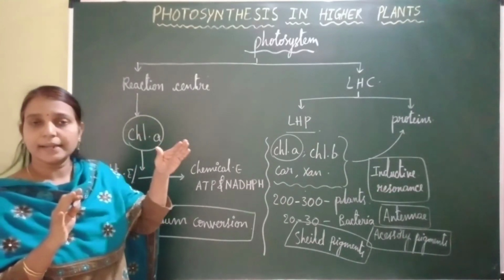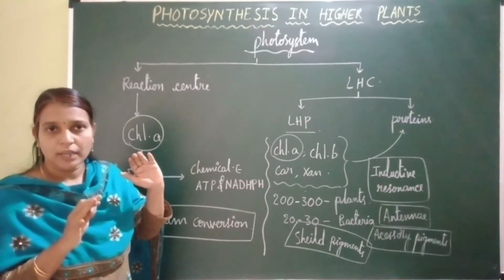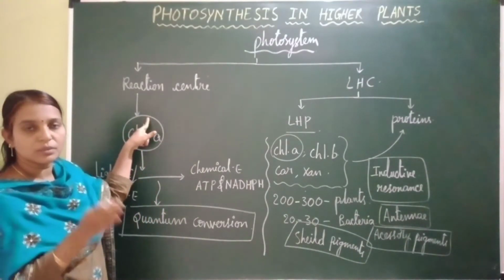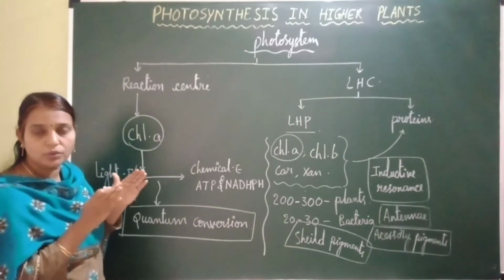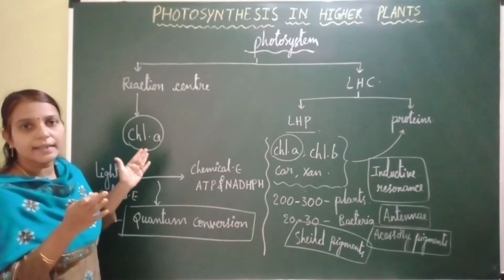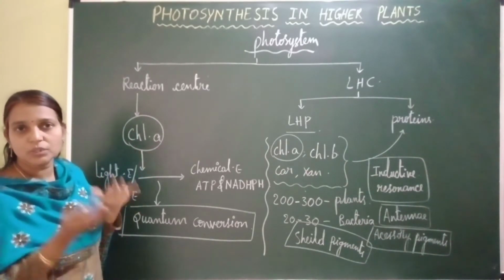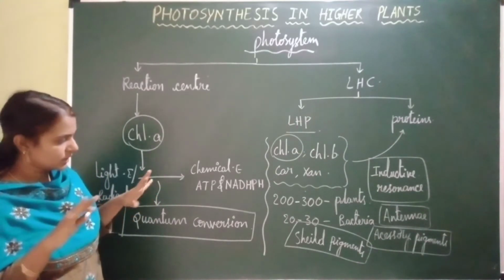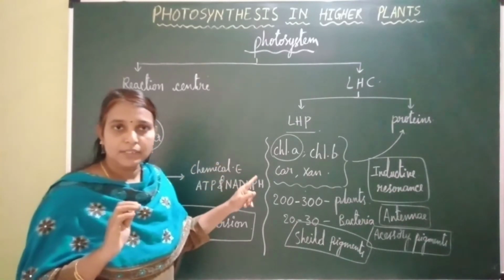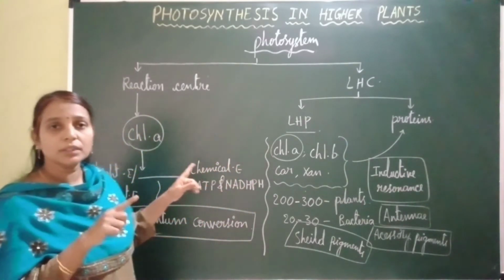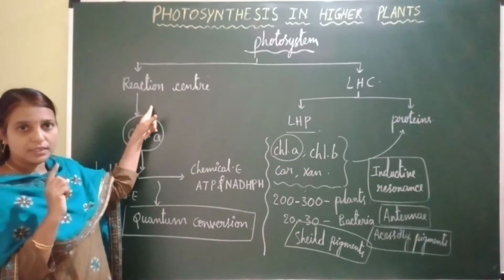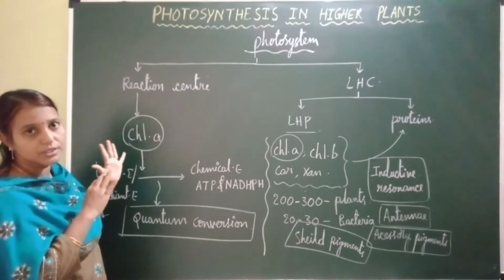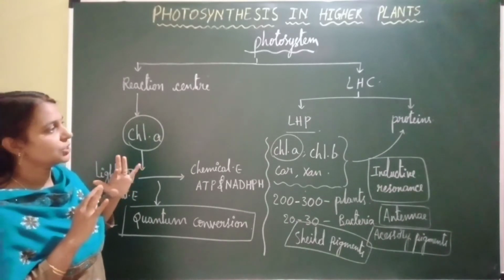When the incident light has higher light intensity, the chlorophyll A forming the reaction center can undergo oxidation and breakdown, due to which its structure gets destroyed, and hence there will be no conversion of light energy into chemical energy, and photosynthesis will cease. So the light harvesting pigments around the chlorophyll A of the reaction center shield it from photooxidation.